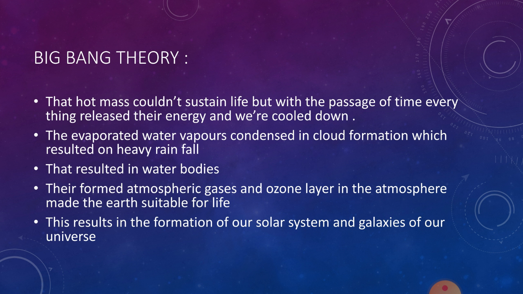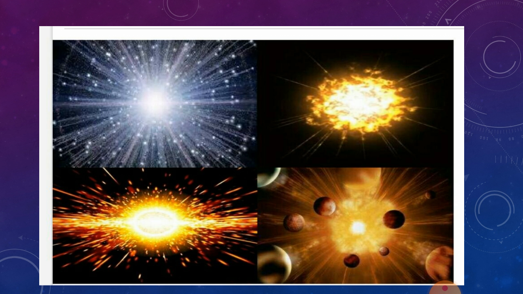And the atmospheric gases were formed, and the ozone layer was formed in the atmosphere of the earth. Our solar system was established, and the earth is the major planet which has water in it, and which has the ozone layer around the earth's surface. So these things make the earth a planet where life is possible. As a result of all this, the solar system and galaxies were formed.